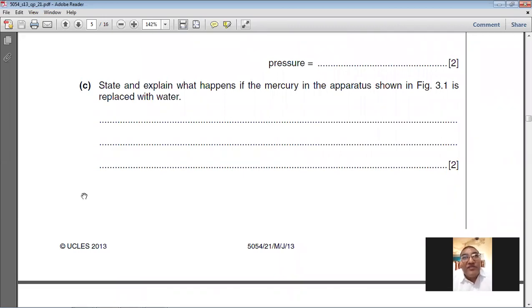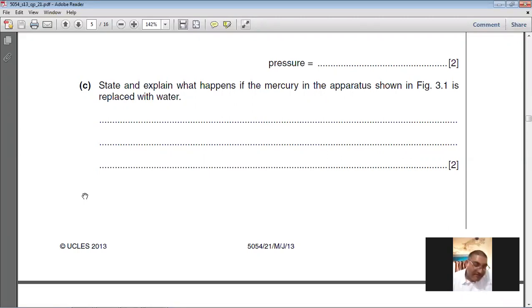State and explain what happens if the mercury in the apparatus shown in figure 3.1 is replaced by the water. So if you put water there in the place of mercury, so if the water has to show the same pressure with the length of the water column in the same tube, because the water has less density than the mercury.